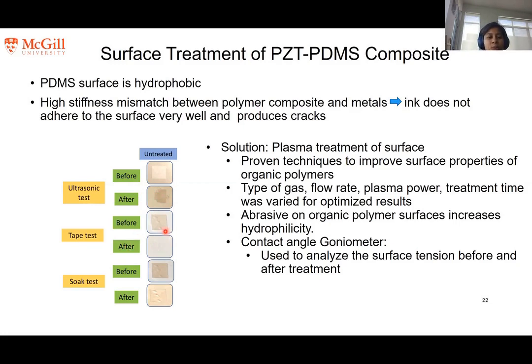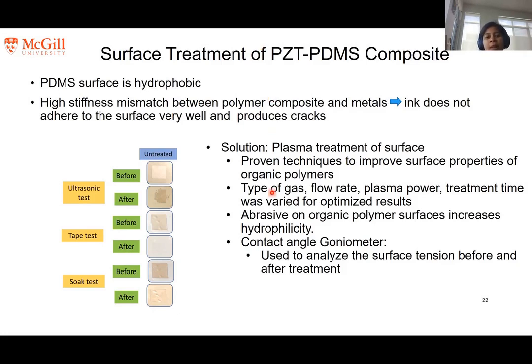We did tape tests, so we put a tape on this metal layer and then took the tape off, and you can see that it totally comes off when we peel it off. Then we also did a soak test, and in the soak test you can see that before and after there is not much difference, but of course the untreated film cannot keep the metal layer with the ultrasonic test and the tape test.